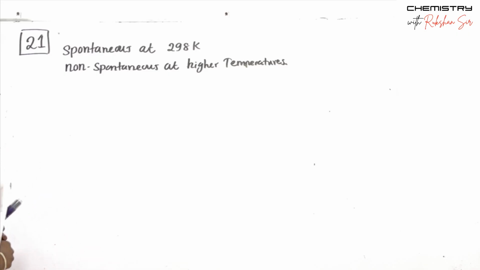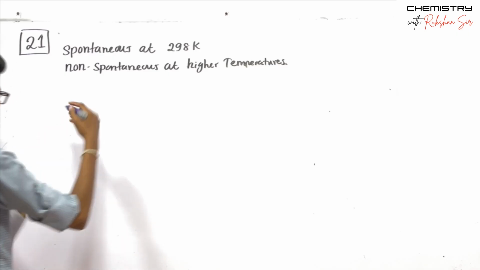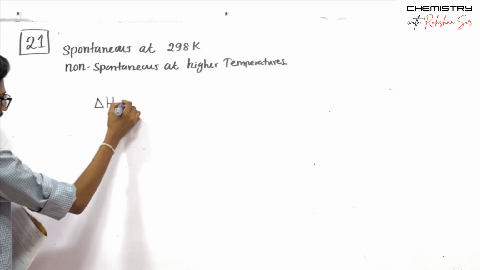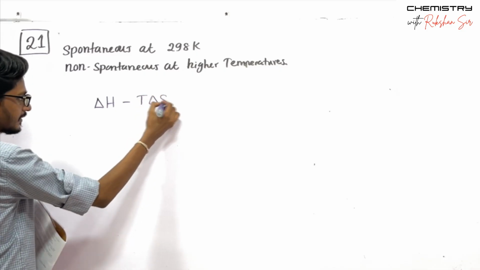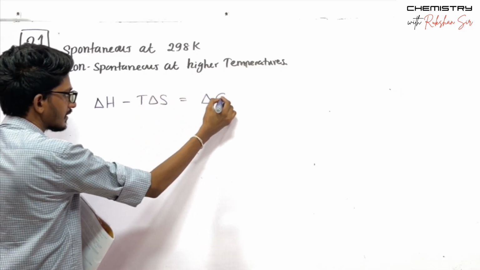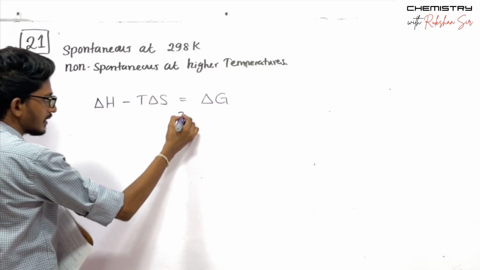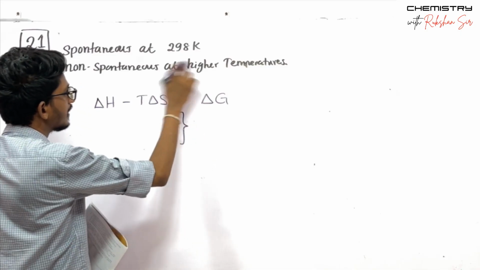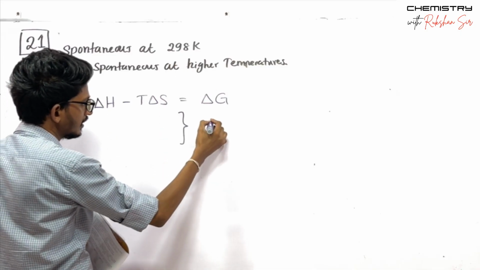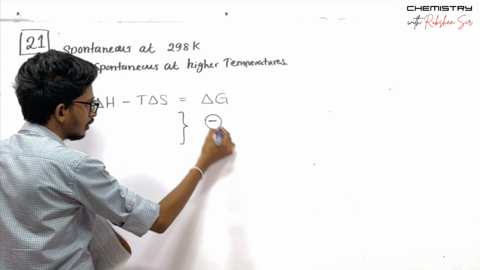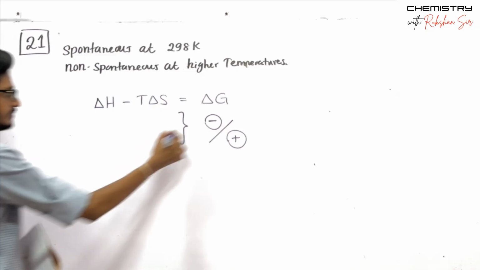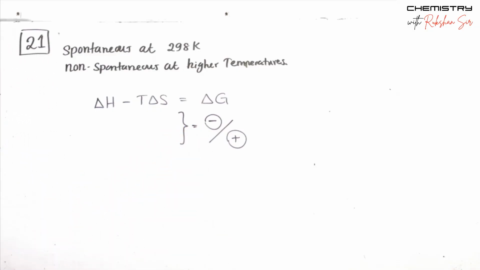If you think of delta G as delta H minus T delta S, that is what delta G means. Delta G will depend on the temperature, so it could be negative or positive.